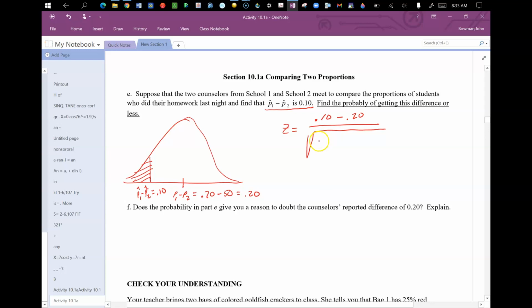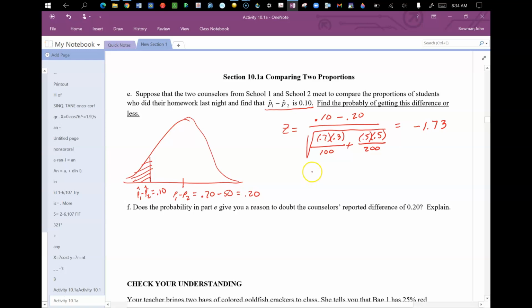So in our calculation here, we have 0.7 times 0.3 over the sample size from school 1, which was 100, plus 0.5 times 0.5 over the sample size from school 2, which is 200, and that gives us a z-score of negative 1.73. The shaded area is the probability that p1 hat minus p2 hat is less than or equal to 0.10, given that the difference of the two population proportions is really 20%.